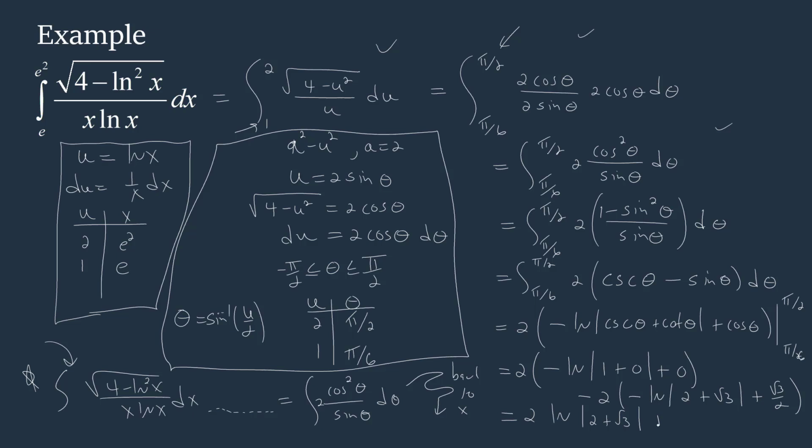And then I have to distribute that minus 2 through. So I have negative 2 times that plus square root of 3 over 2. The 2's cancel, leaving me negative square root of 3. And that's the answer, or at least that's one version of it.